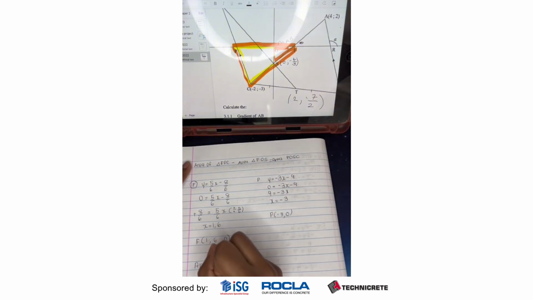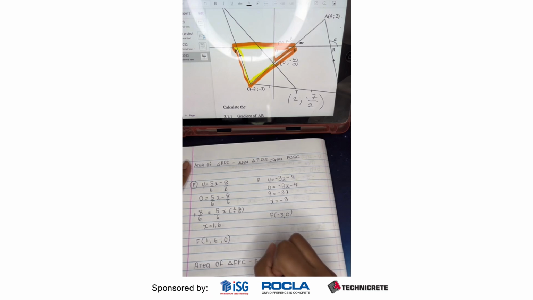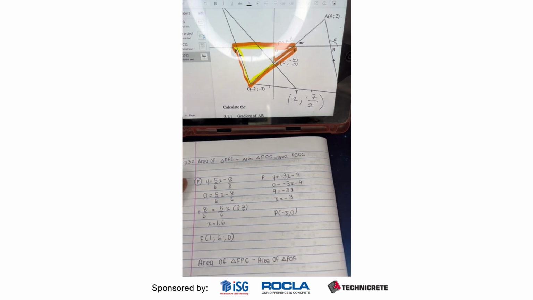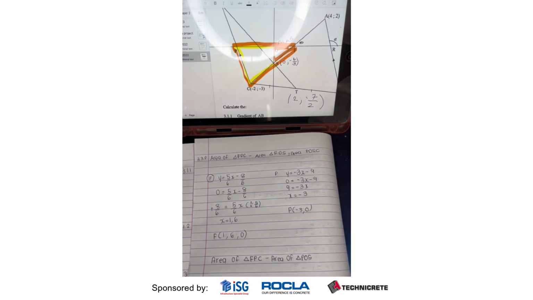So I'm basically doing what I said here. Area of triangle FPC minus area of triangle FOS. But we need bases and heights. So quickly take a look at what your bases and heights are going to be.